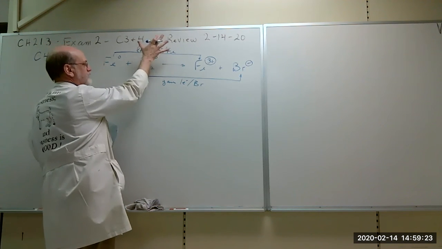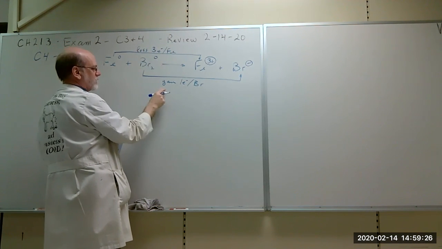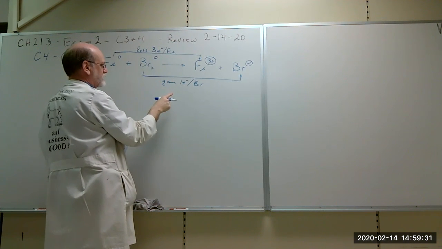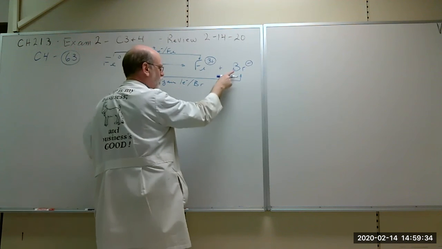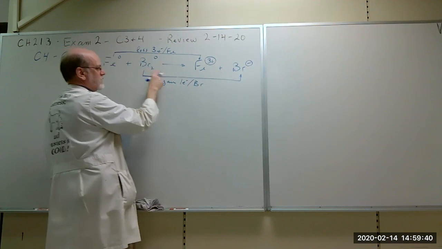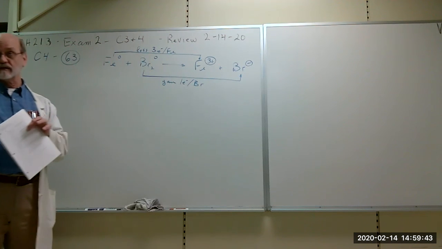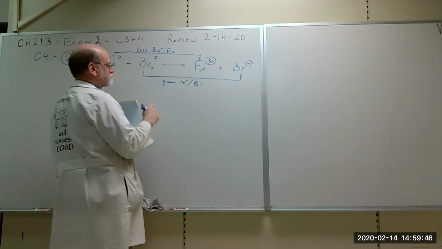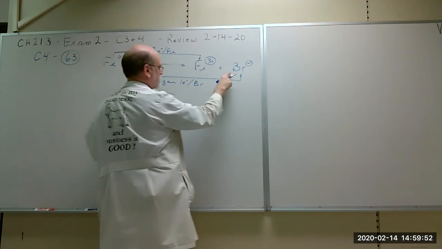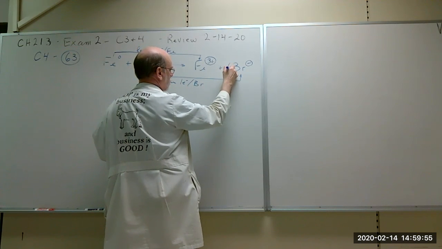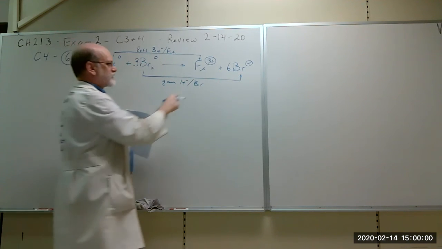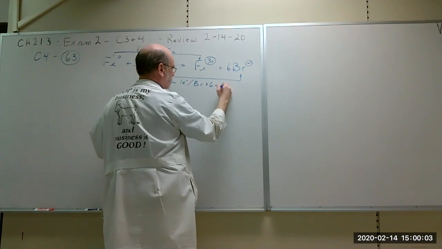If we hold this one constant at 3, how do we get 3 electrons out of that? Well, it's 1 electron per bromine. So if we just make 3 times this, that doesn't work because we've got 2 here, 3 there. That's not a balance. So what if we say 6 here and 3 here. So that's 6 bromines, 6 electrons.